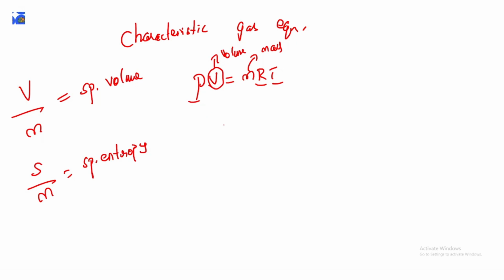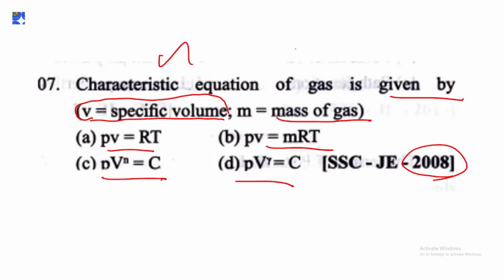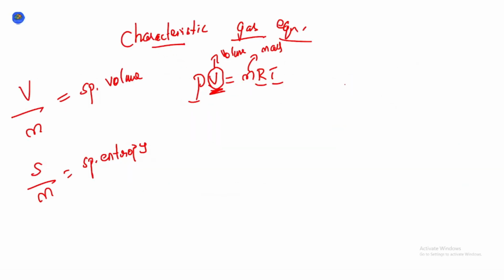Now, I have V, which is the exact thing given in the characteristic equation. But according to this question, I don't have any such volume; I have only specific volume given. So if I bring this mass over here, it would be P into V by m equal to RT.